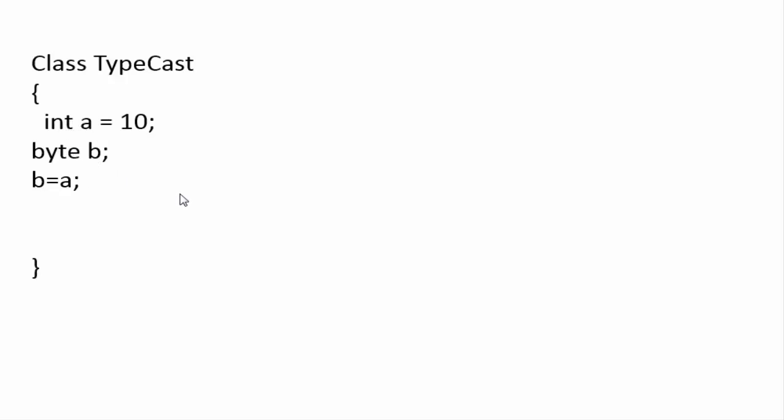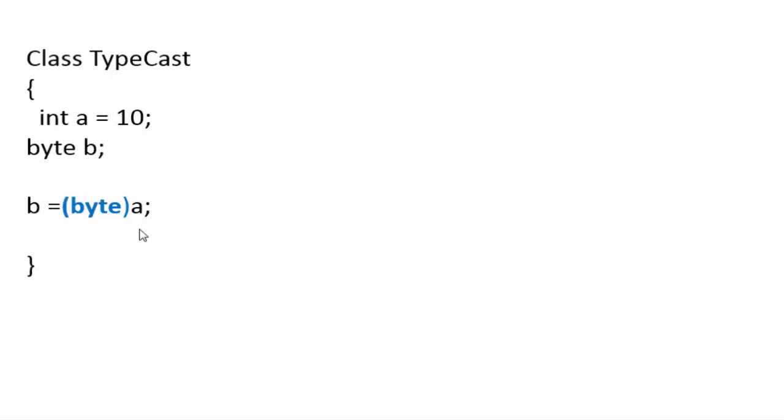If we write b = a, that means the two types are not compatible until they have been typecasted. So we write b = (byte) a, that is we are converting integer a to byte, and hence the two data types become same, so we can perform further operations.